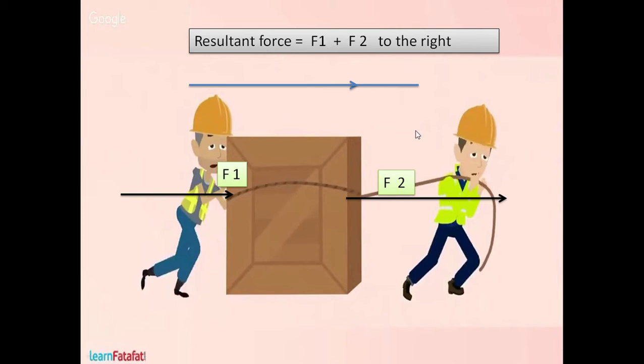Resultant of these two is F1 and F2. You have to add these two together. The direction of the resultant force is to the right. Now they are dragging, pulling this heavy weight to the direction of right. So how do you find the resultant of these two forces? You have to add these two, F1 and F2. Then you can find the resultant.